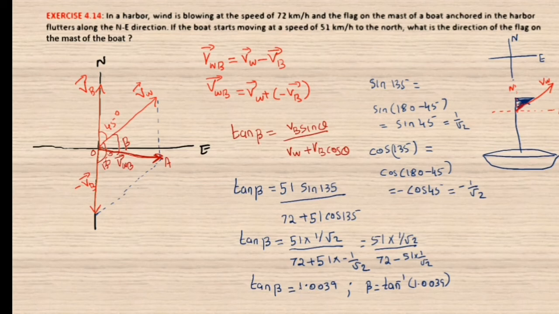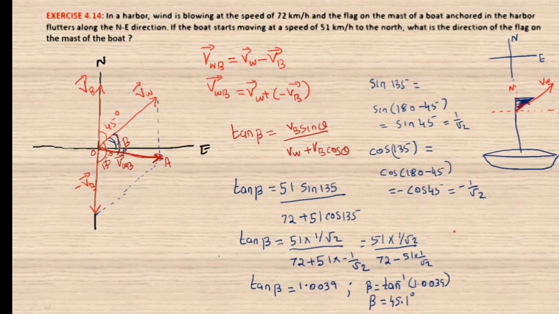Tan 45 is equal to 1, no? So here it is not 45 because the value is 1.0039, more than 1. So the approximate value you can calculate, or use the Clark's table, you can calculate beta is equal to 45.1 degree. Here we got beta is equal to 45.1 degree.